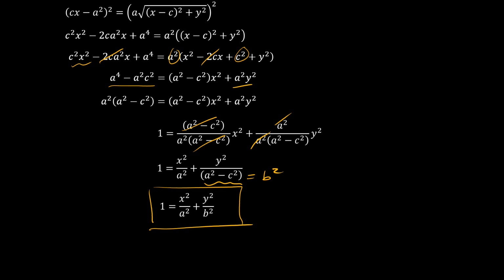If a squared is bigger, then the major axis lies on the x-axis, and if b squared is greater than a squared, then the major axis, that's the longer axis, is coincident with the y-axis. So that's just a quick representation of an ellipse.